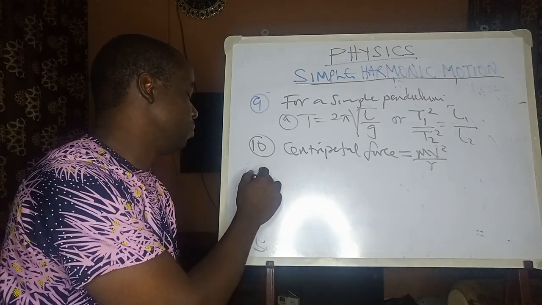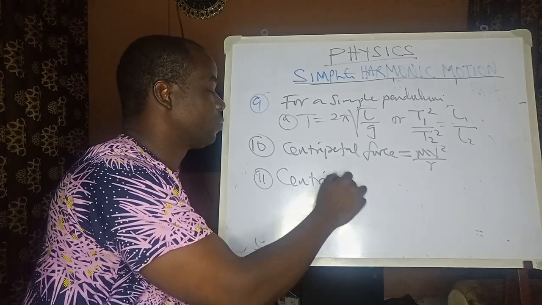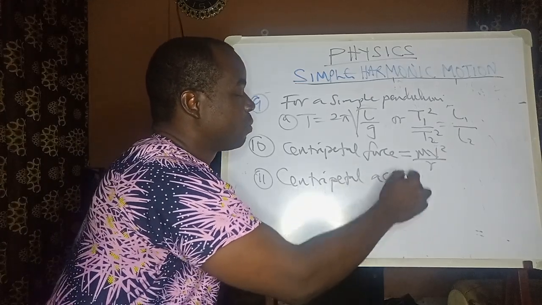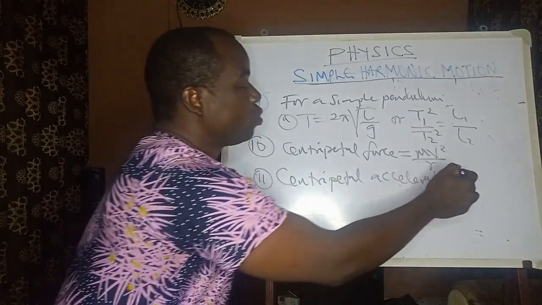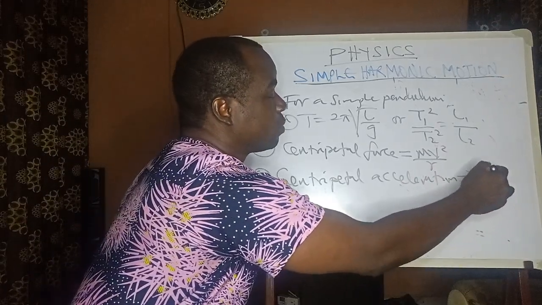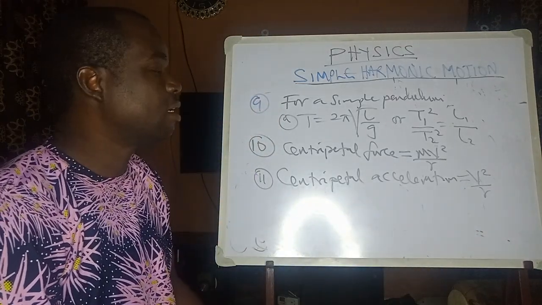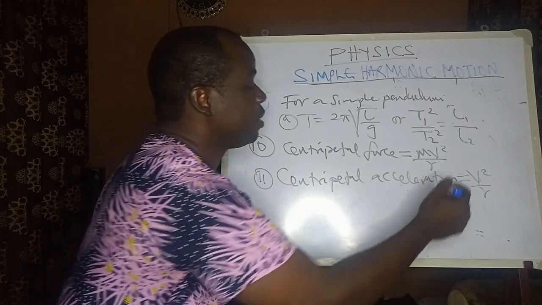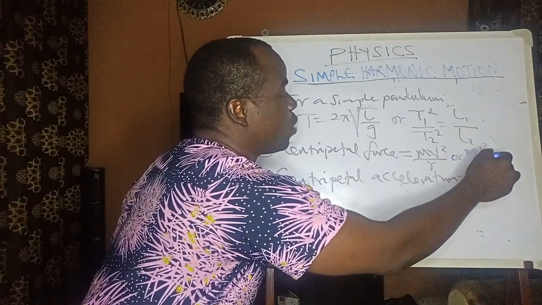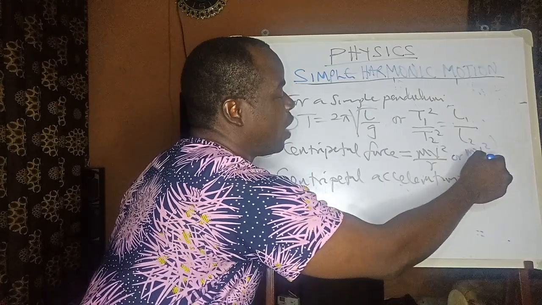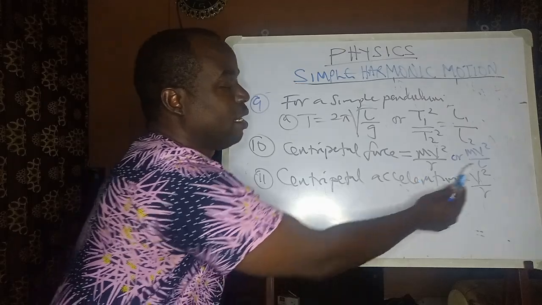Then we have centripetal acceleration. Centripetal acceleration is equal to v squared over r. So take note of that. And you can also say mv squared over L. Yes, you can say that because r and length are the same thing.